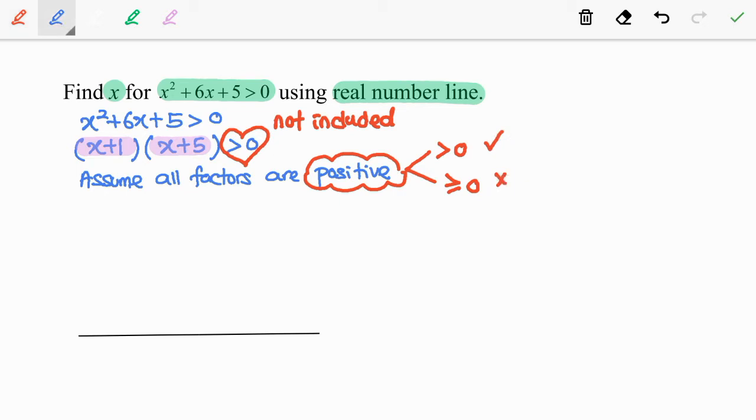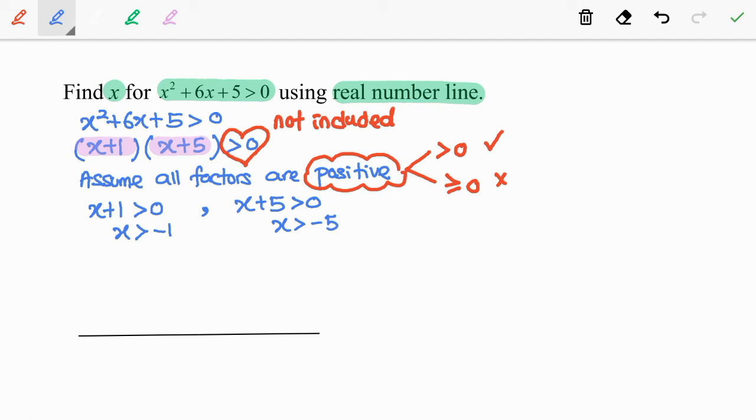So for the first factor, we have x plus 1 greater 0. So x is greater than negative 1. And for the second factors, we have x plus 5 greater 0. So x greater negative 5.